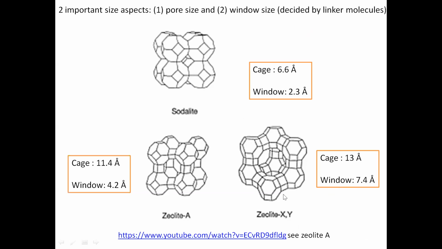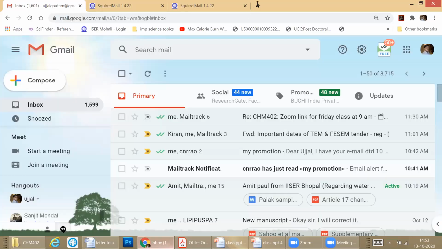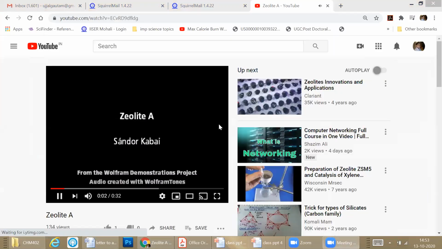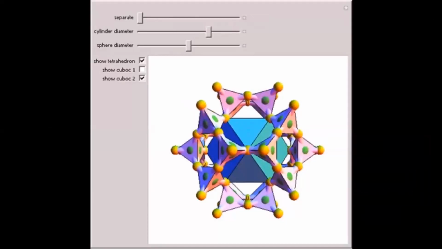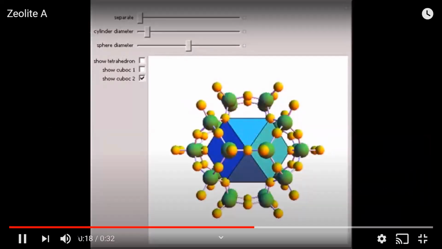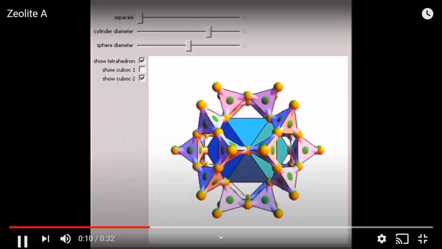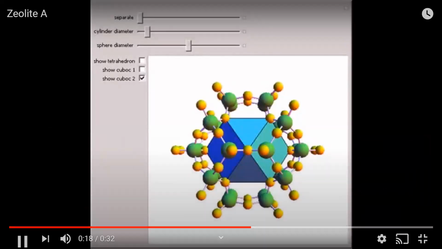So let us try to see some zeolites on YouTube. You can see different building blocks, and you can see the cavity.